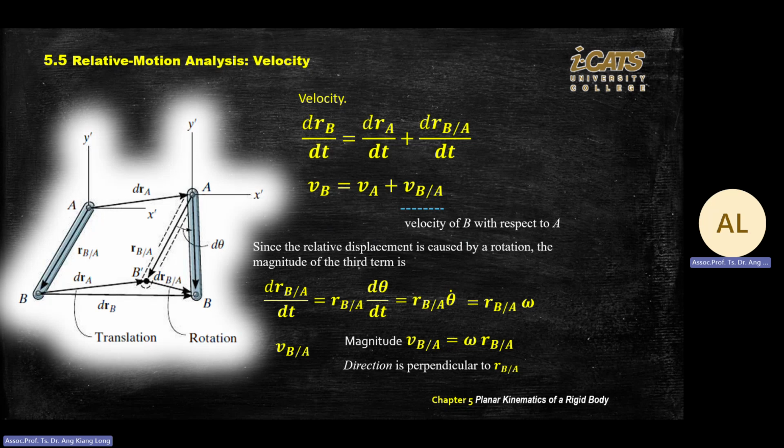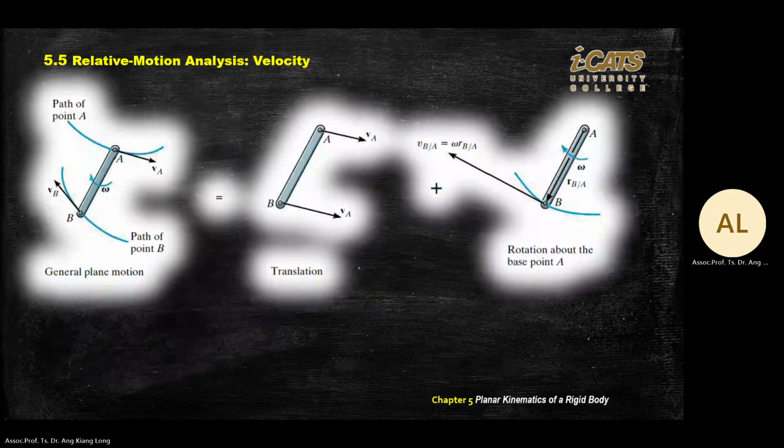Okay, now we go into the motion of the rod here. If this rod rotates clockwise, this is a circular motion for both A and B. If you rotate this rod, point A will rotate in a circular motion, B will rotate in a circular motion.